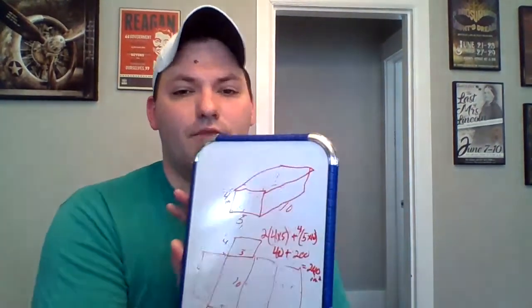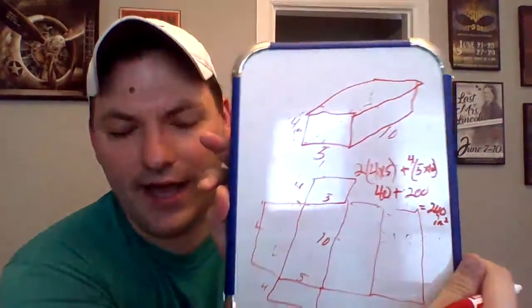Okay, so we do that math, and I got 4 times 5, which is 20, times 2, which is 40. I'm going to add that to 5 times 10, which is 50, times 4, which is 200. So I add 200 and 40, and let's pretend that these are in inches, and I should end up with 240 inches squared. Okay? 240 inches squared.